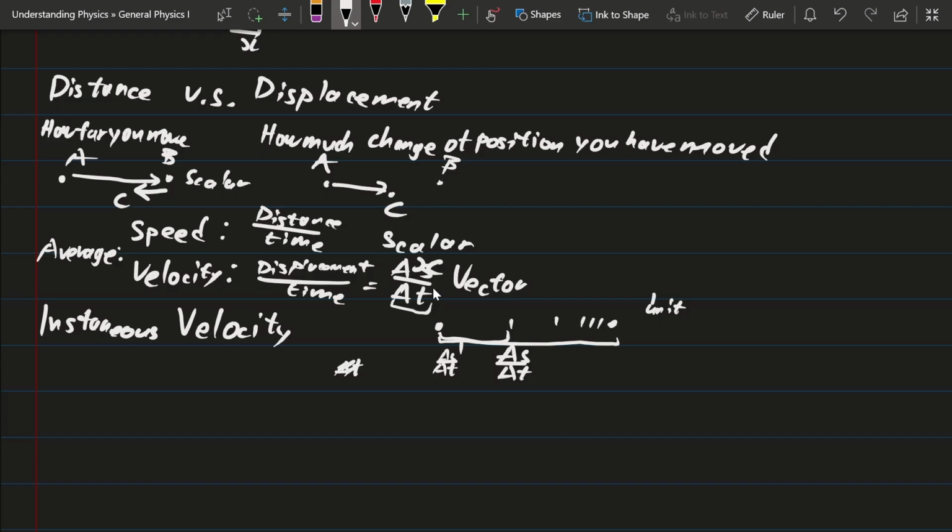you would get a term in mathematics which we call a limit, in which if you set delta t, the change of time, to be nearer and nearer to zero, or something very small, the average velocity would get a number that is very close, as if you are measuring the speed during that certain point.